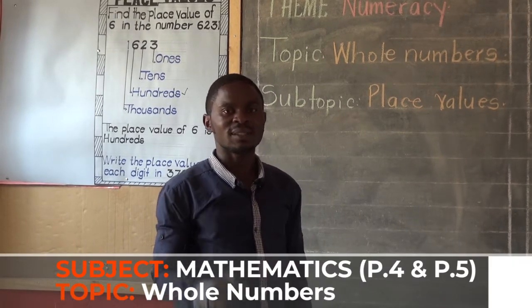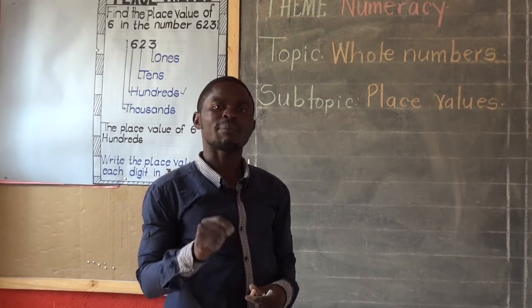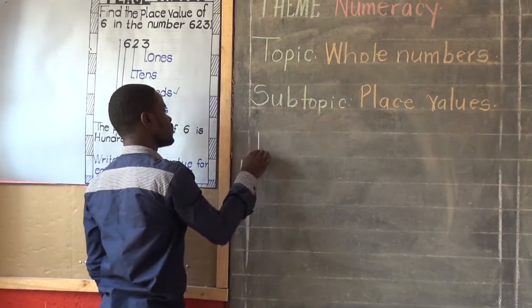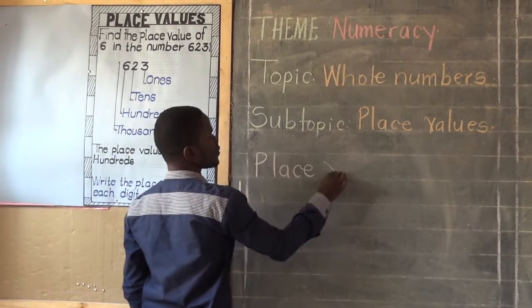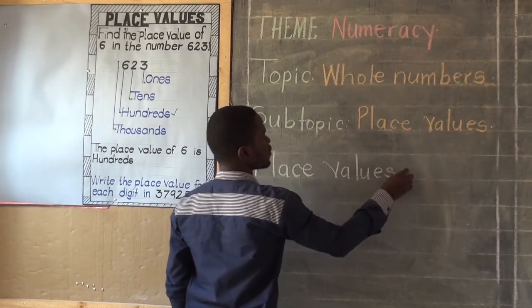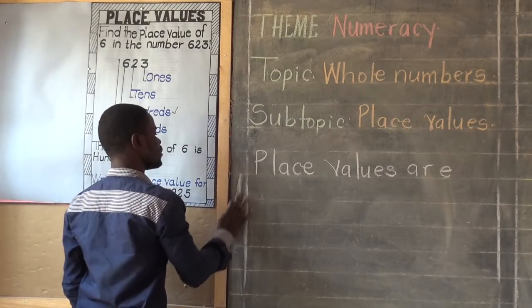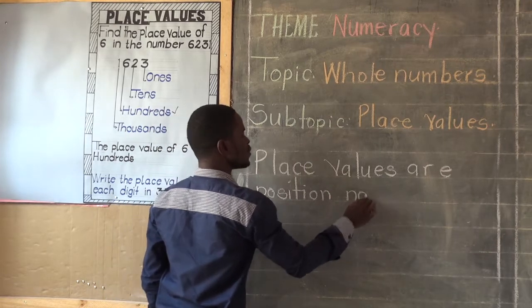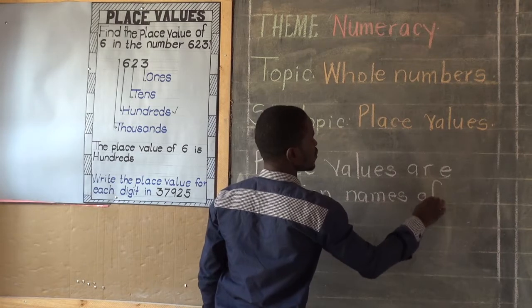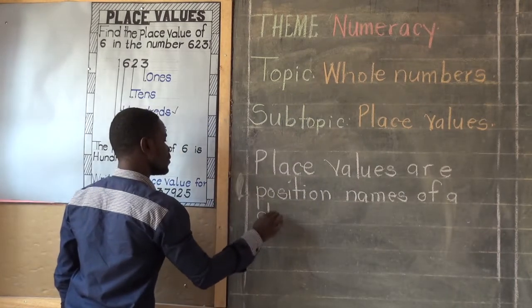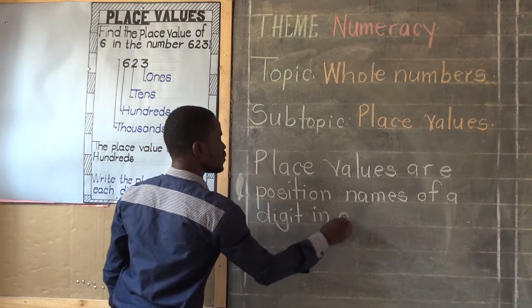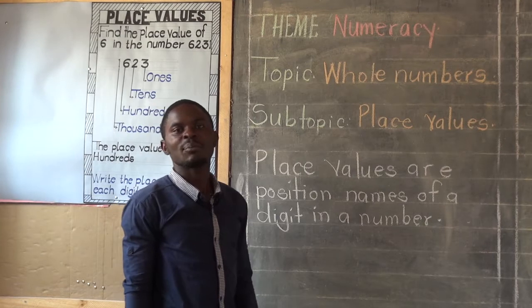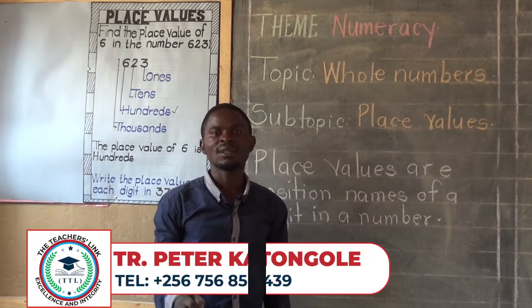Place values are position names of a digit in a number. Let's write that down.